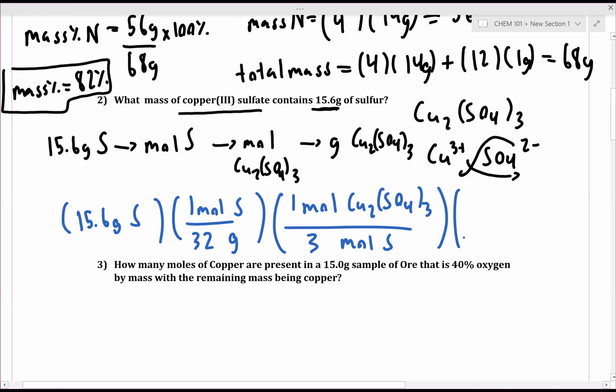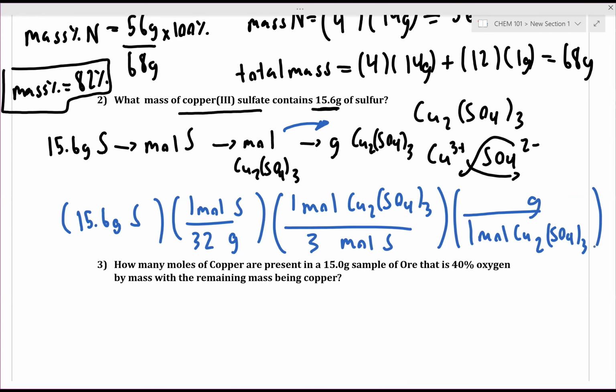Okay, and then finally, if we're going from moles to grams, what conversion factor do we use? Moles to grams, molar mass, exactly. So how many grams are present in 1 mole of copper sulfate, Cu2(SO4)3? So what is the molar mass of copper 3 sulfate? Would someone like to volunteer a molar mass?